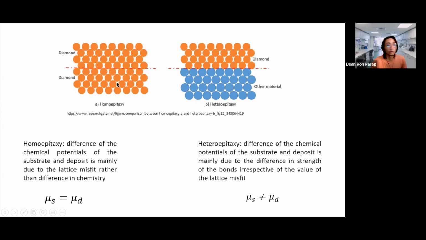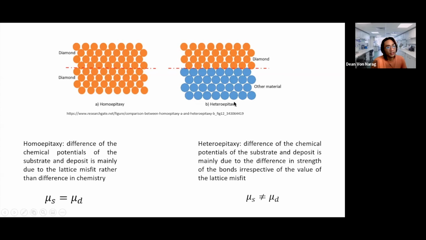So for crystal growth, it is homogeneous. From your substrate to the deposit, you can't really tell each other apart. So homoepitaxy, although you have the same materials for your deposit and substrate, somehow they have a lattice misfit, they have a boundary.